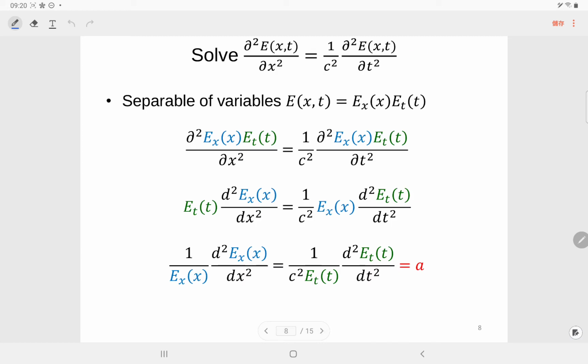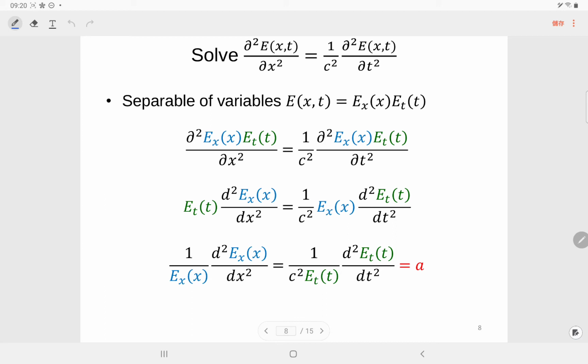So next, we try to solve this PDE. Solving a PDE is not difficult for some simple PDEs. Of course, for complicated PDEs, you need some other method like Fourier series expansion, or you need to use a numerical method.